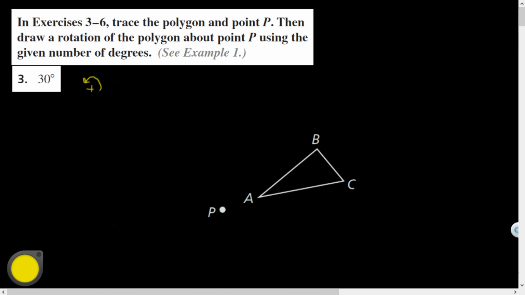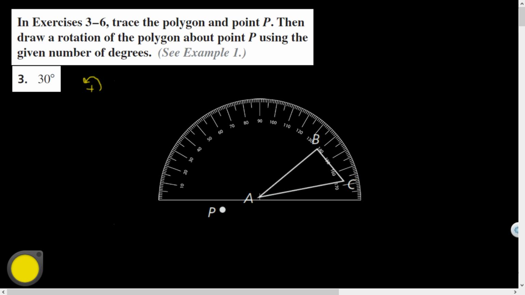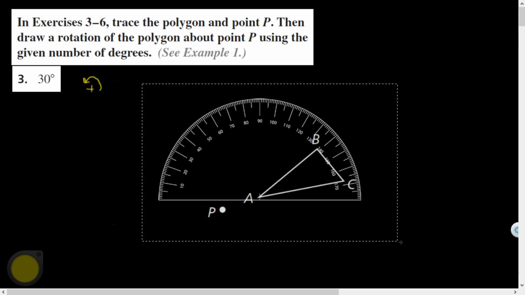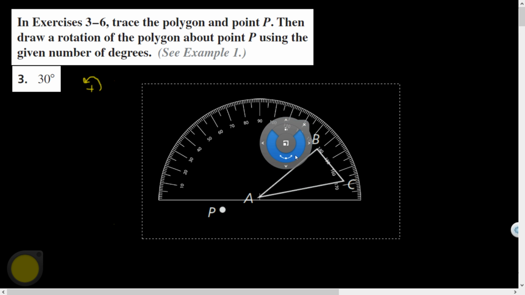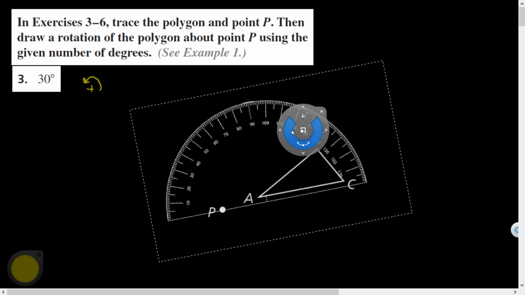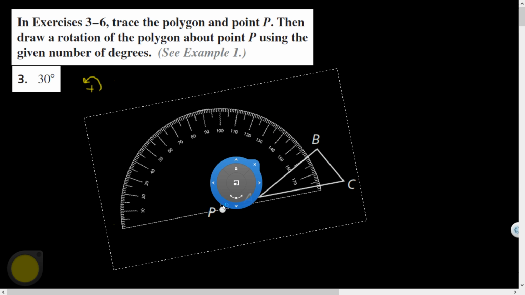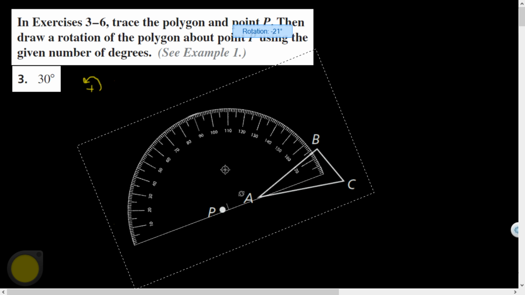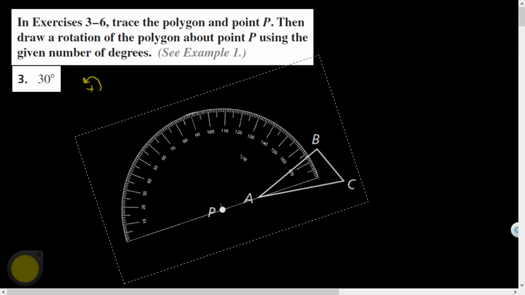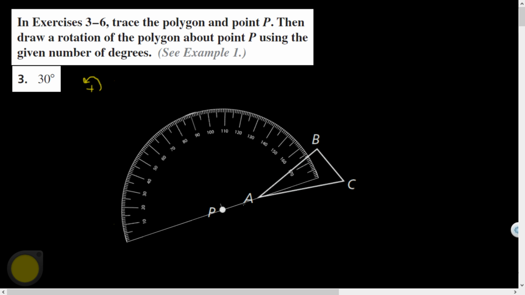So once I have it all traced, I would have to take out a protractor, and let's see how well I can do this using my drawing tool. I got to line it up. So I'm gonna line this up so that the base, the center, is lined up at my point of rotation, and that the line passes through, say, point A here, like so.